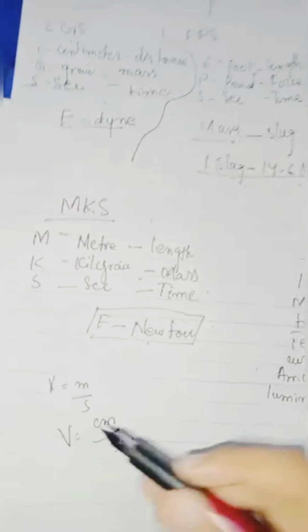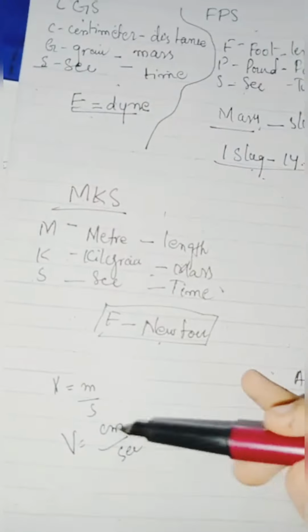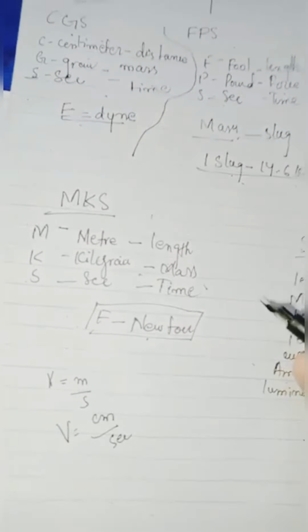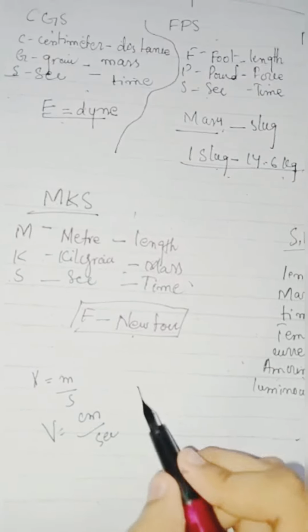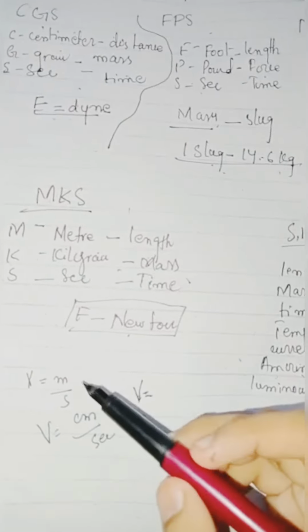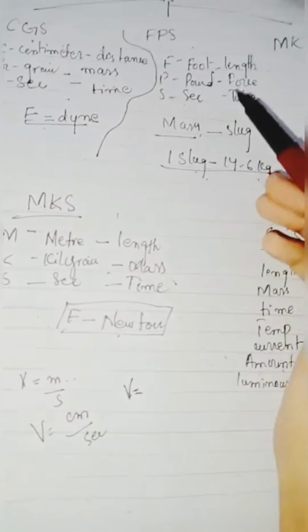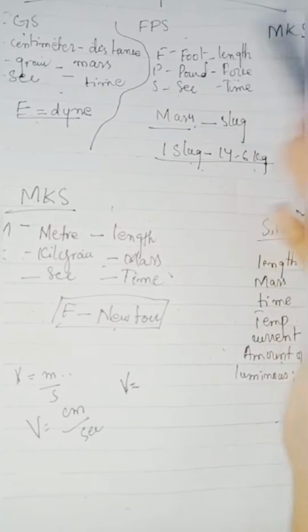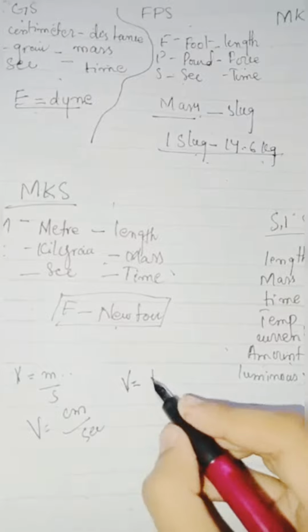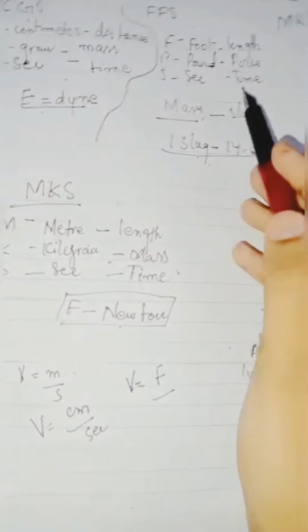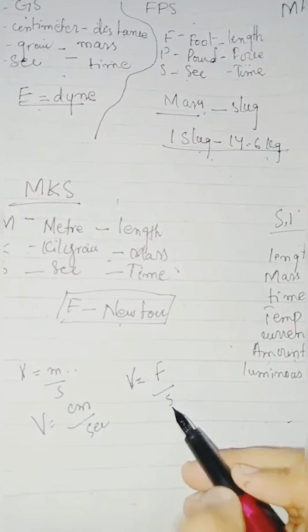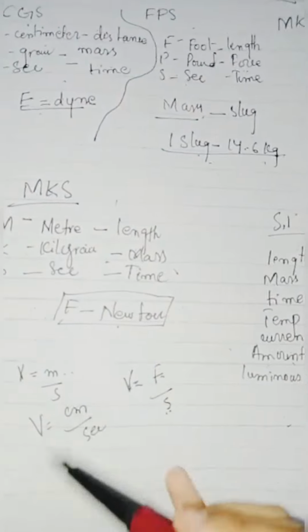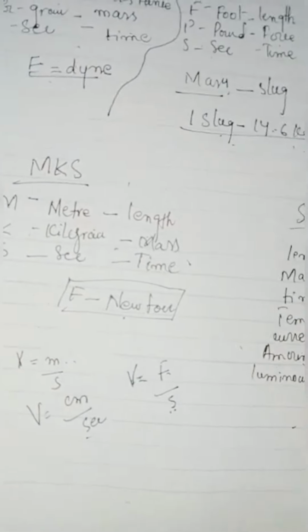So in CGS system, the unit of velocity will be centimeter upon second. In FPS system, the unit of length is foot and the unit of time is second, so it will be foot upon second. In MKS it will be meter per second.